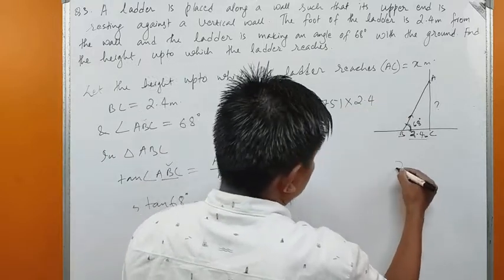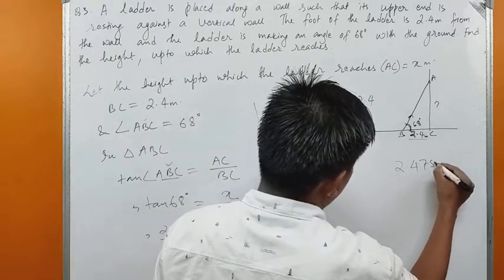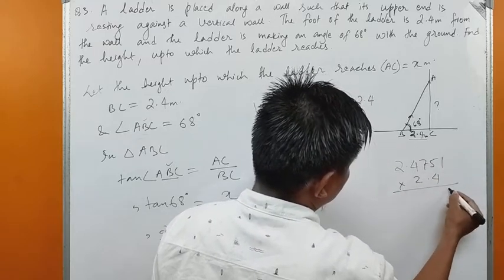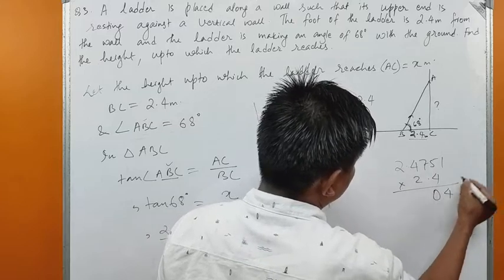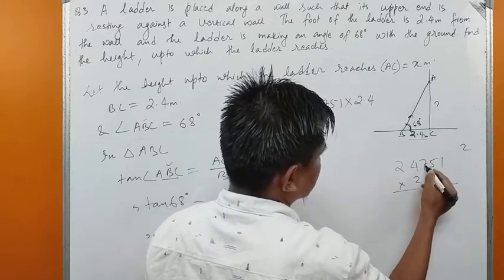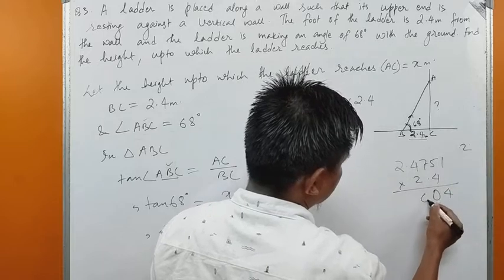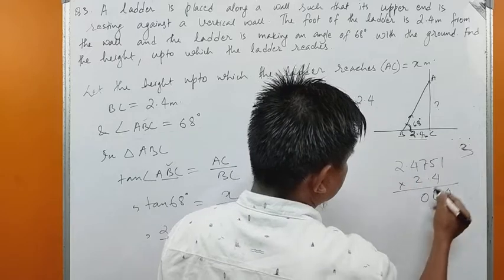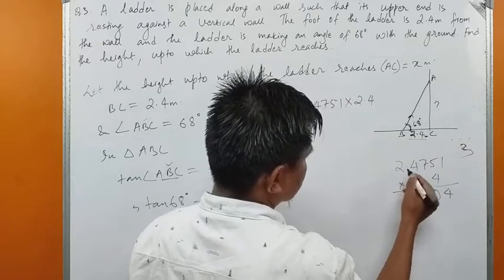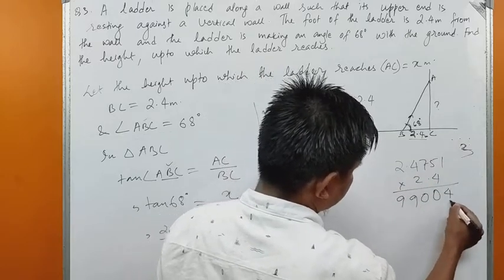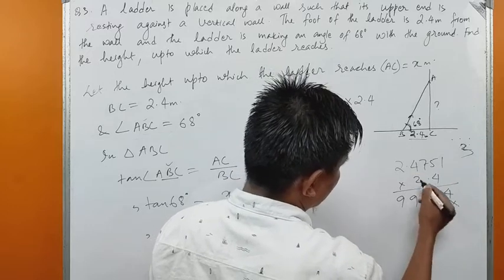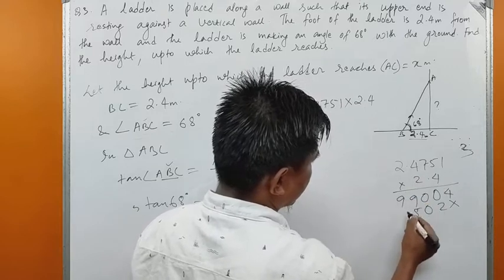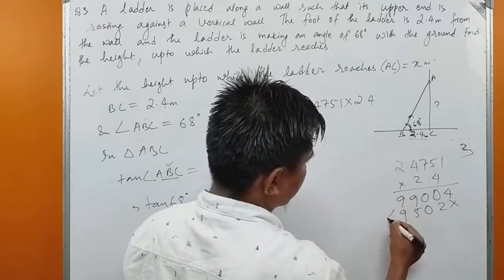So let's multiply this. 4 ones are 4, 4 5s are 20, 0, 2 in hand, 4 7s are 28, 30, 0, 3 in hand, 4 4s are 16, 19, 9, 1 in hand, 4 2s are 8, 9. Then 2 ones are 2, 2 5s are 10, 2 7s are 14, 15, 2 4s are 8, 9, 2 2s are 4.